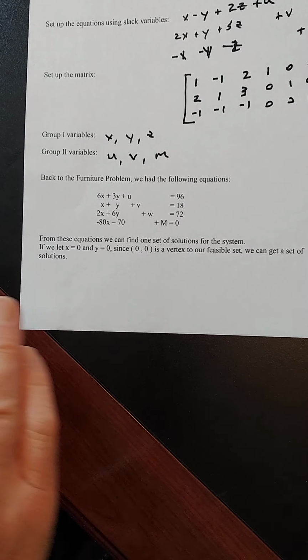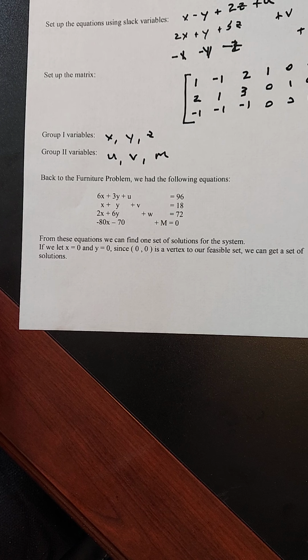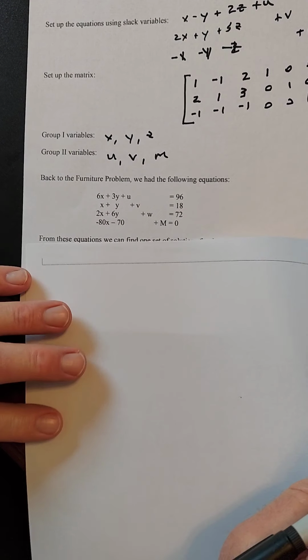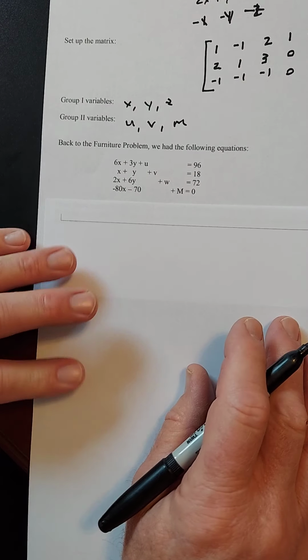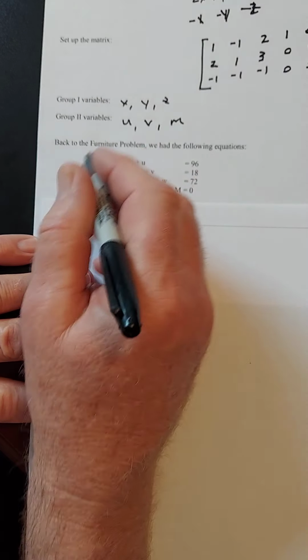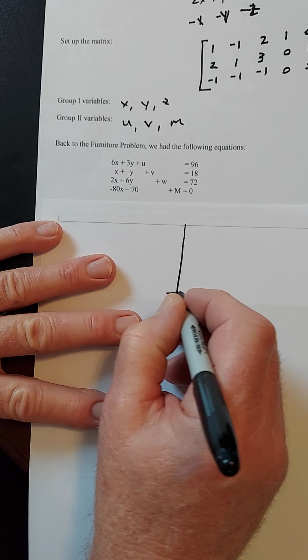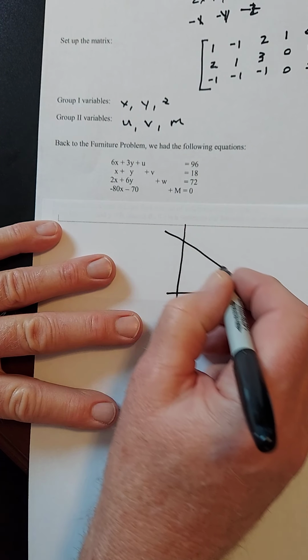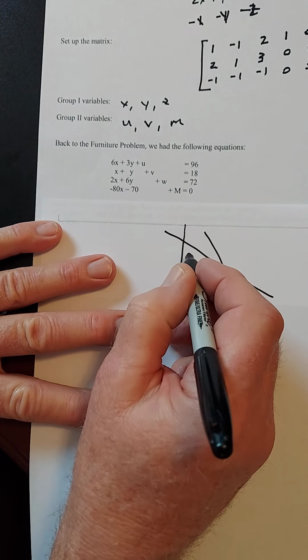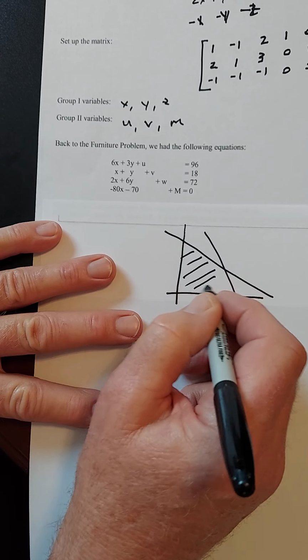Okay, then they throw this in. I'm not sure why they did, but they did. So let's talk about it. Do you remember in chapter 3, we were graphing these things, and most of our graphs came out and looked like this, where we'd have, let's just say, lines, and then this was shaded in.